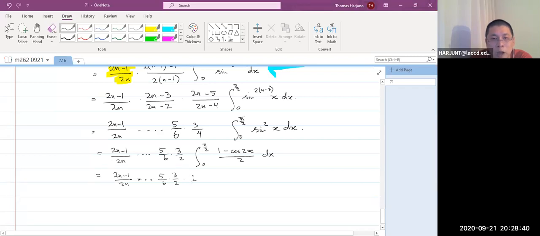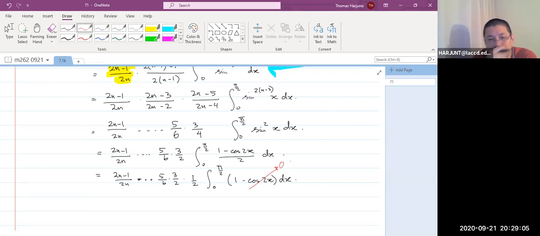I bring the 1/2 out, so I get integral from 0 to pi over 2 of 1 minus cosine 2x dx. And you will see that in this domain of integration, this would be 0. Okay, therefore this integral here is pi over 2.